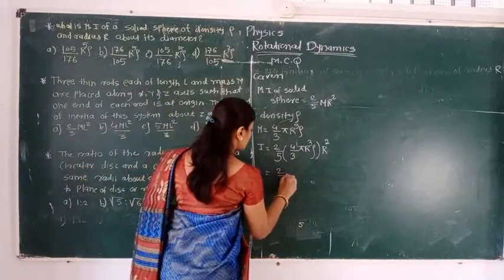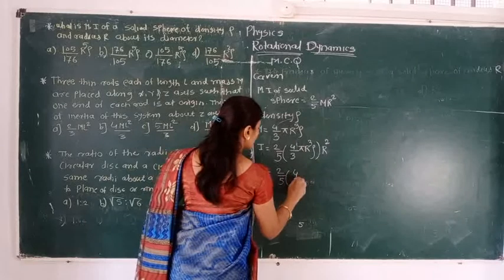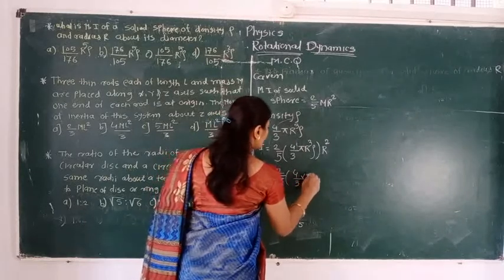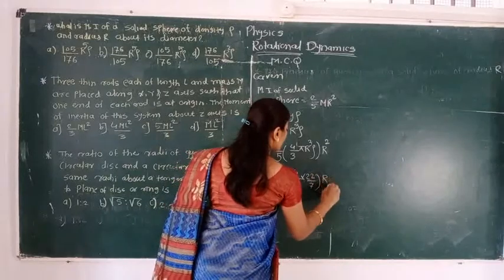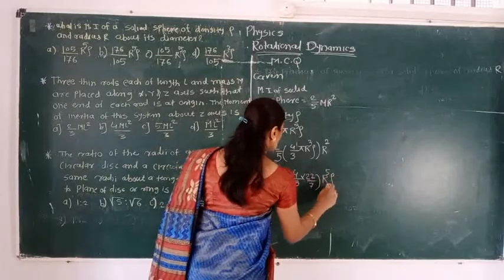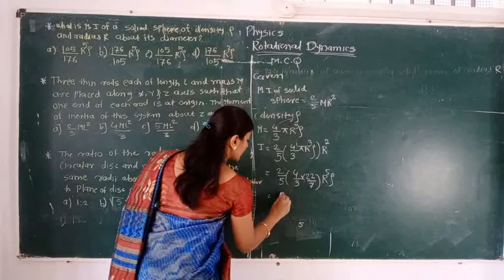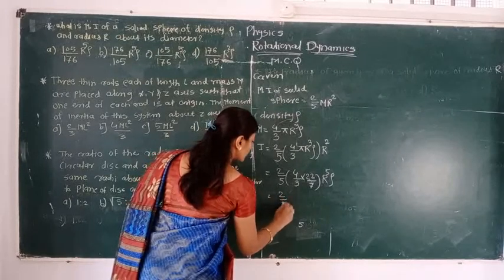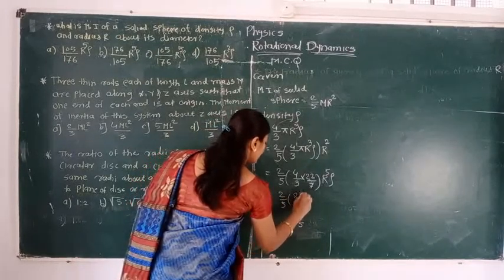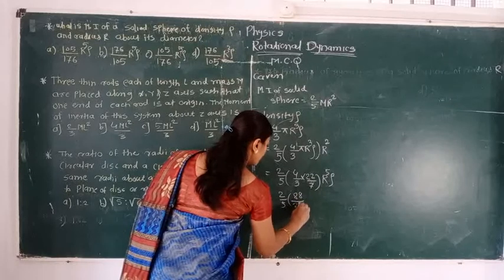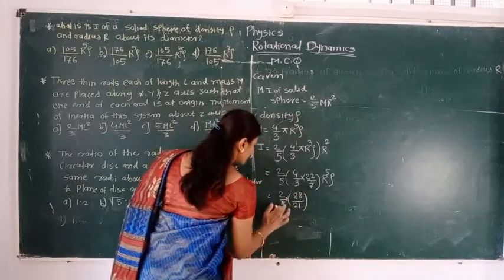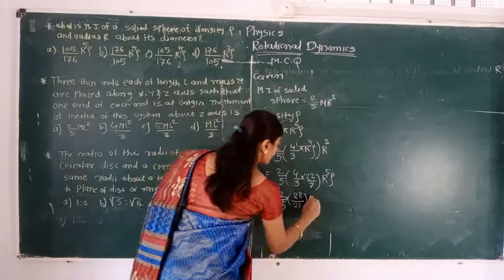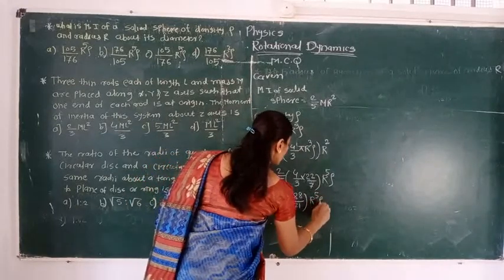Here 2 divided by 5 in bracket 4 by 3 into the value of pi, those terms we take outside, r raised to 5 into rho. Simple multiplication: 2 by 5 into 88 divided by 21, r raised to 5 into rho.